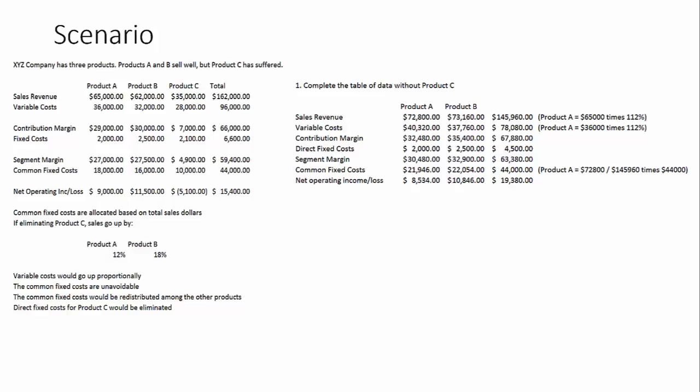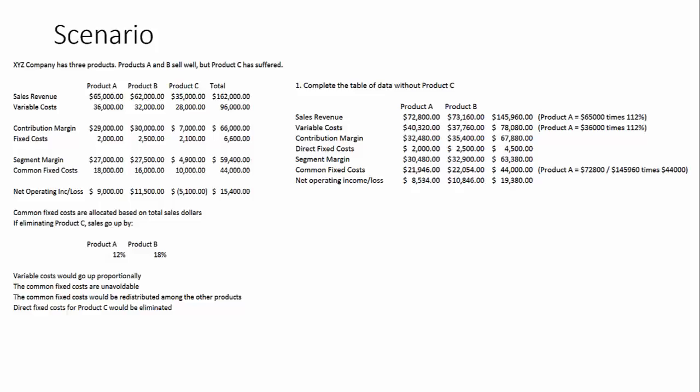Now here, what we're doing in order to come up with the common fixed cost, we know that the common fixed costs are $44,000. We now need to redistribute that $44,000 to 2 product lines rather than 3. So how we would do this is we would take product A, the $72,800, divide by the grand total of sales revenue of $145,960.